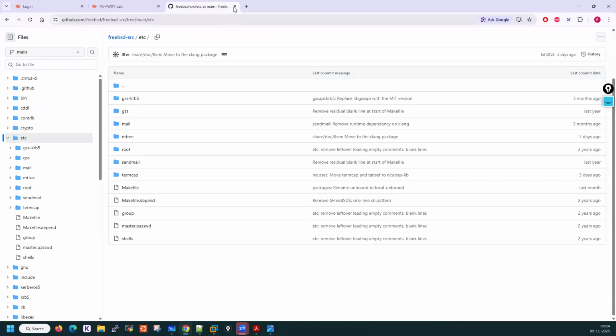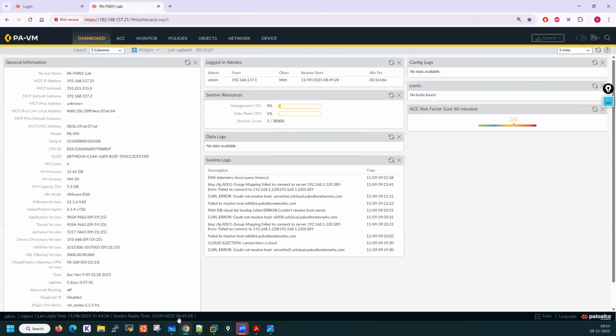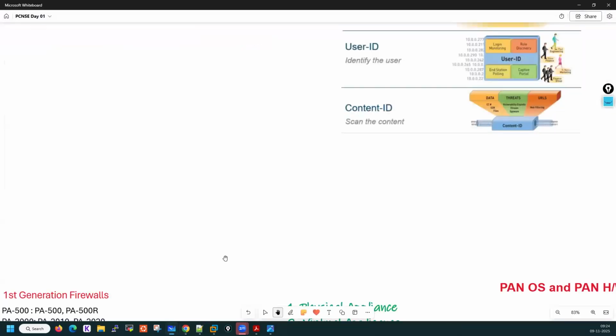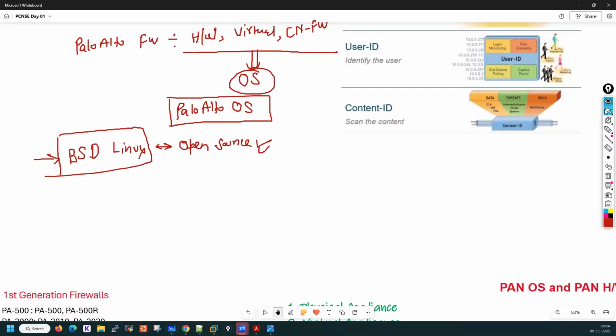Now see, I have received the source code, right? So what they have done is they got the source code of BSD Linux. Now I have the source code of BSD Linux. After getting this source code, Palo Alto did some customization, right?